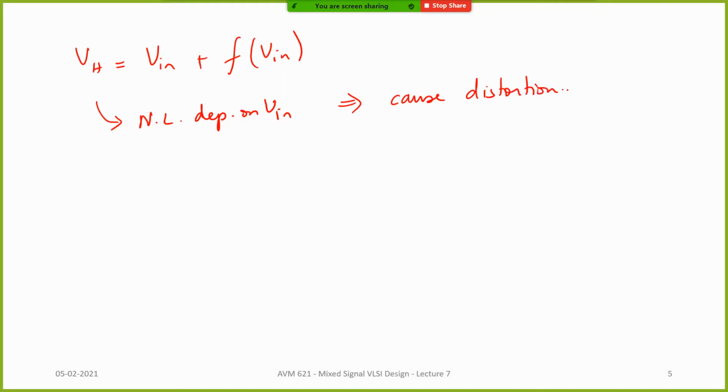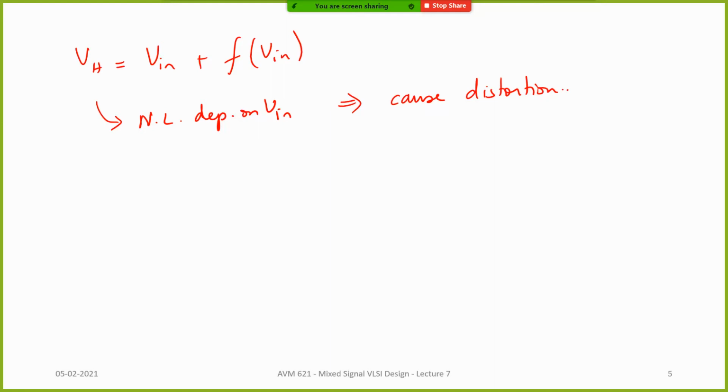Which is why, if you look at some textbooks or even some papers, they will plot, just for a sample and hold, what the HD2, HD3, and so on are. If you give a single tone at the input, you will see the second order distortion and the third order distortion and so on, because of the combined effect of all the other things.